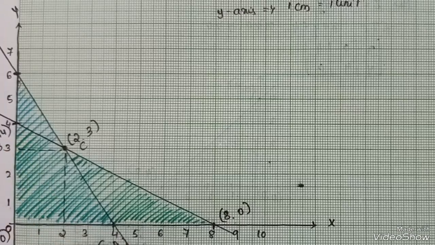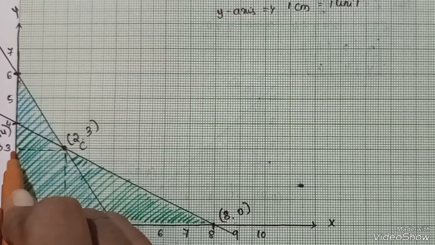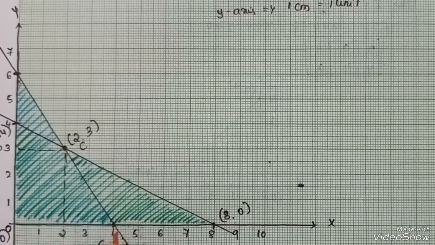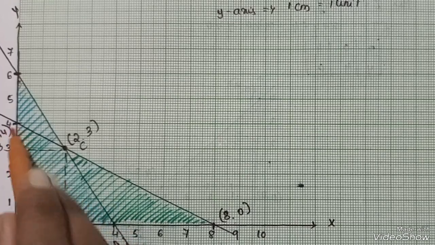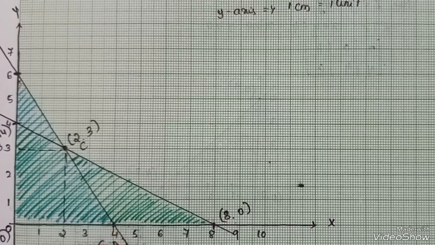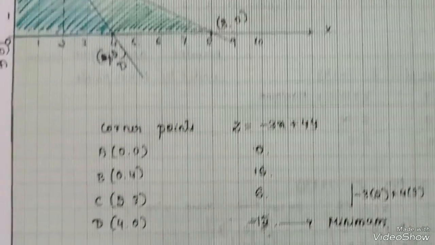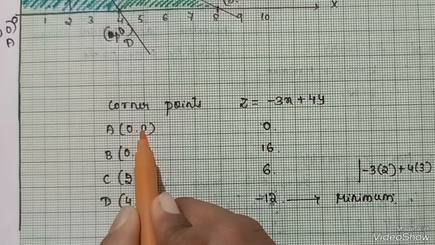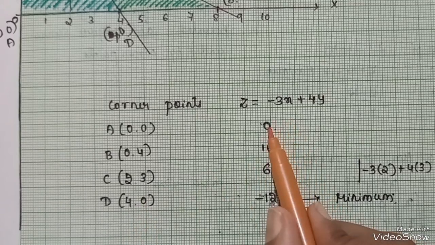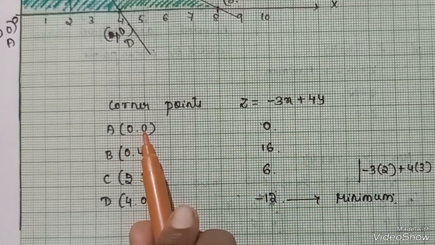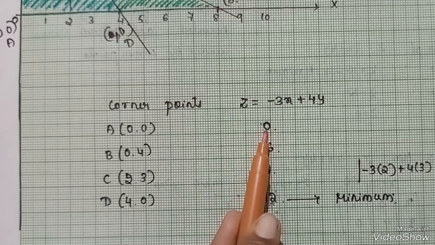So we have to take the corner points. Here the feasible region is bounded, with corner points A, B, C and D. The corner points are A equals 0 comma 0, B equals 0 comma 4, C equals 2 comma 3, D equals 4 comma 0. Now I find the value when x is 0, y is 0: we get z equals 0.